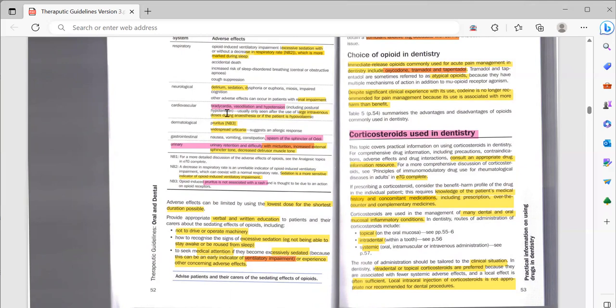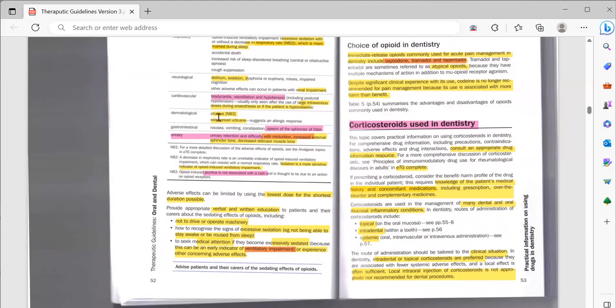And in the cardiovascular system, it would cause bradycardia, vasodilation, and hypotension, and in the skin it can cause pruritus or widespread urticaria. In the GIT, it would lead to nausea, vomiting, constipation, and spasm of the sphincter of Oddi. In the urinary system, it would lead to urinary retention and sometimes difficulty with micturition, increased external sphincter tone, and decreased detrusor muscle tone.